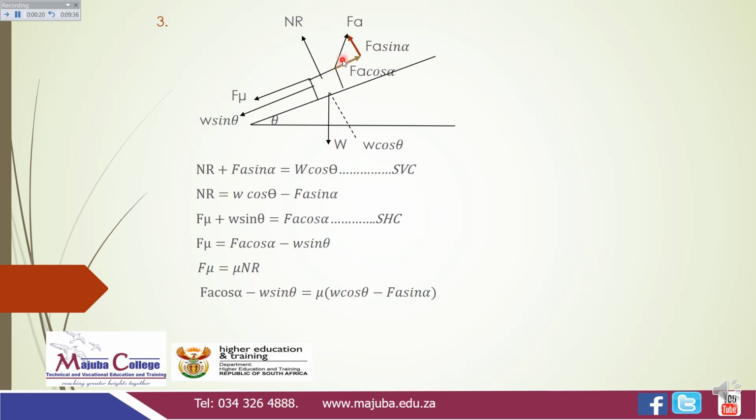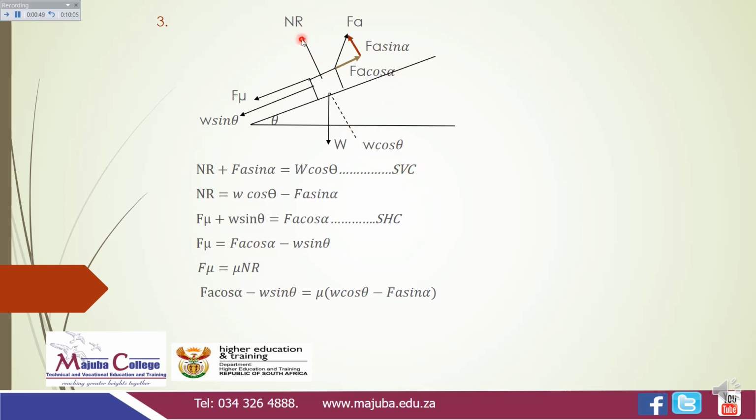So again, I will have the angle as angle alpha, and I will construct the parallel force and also the perpendicular force. So the magnitude of this perpendicular force will be FA, the sine of alpha, and the magnitude of this parallel or horizontal force will be FA, the cos of alpha. And again, I'm going to take the forces that are in the vertical components.